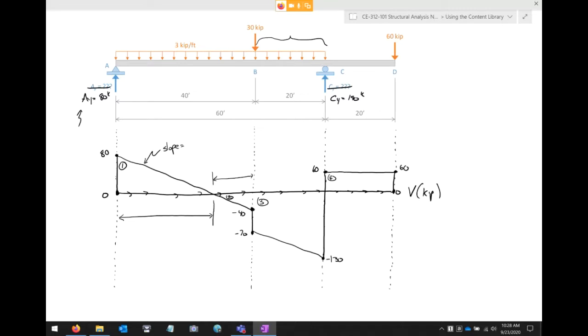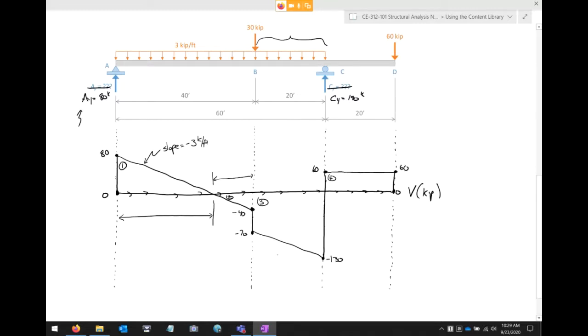Negative 1/3. Not negative 1/3, negative 3. Remember, the slope of the shear diagram comes from the load diagram. This right here, that's the slope. Oh, my bad. Yeah, I see what you were doing there. You're getting the rise and run backwards. But there's nothing you need to do there.